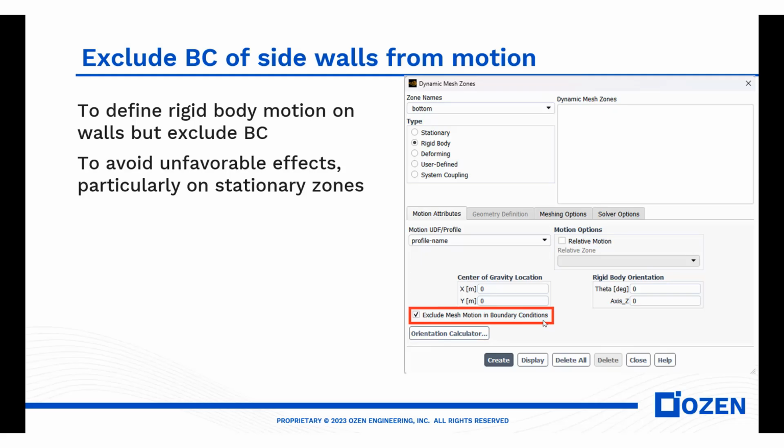It means that when we have moving mesh, for example, adjacent to the inlet or outlet or a wall, we can exclude that mesh motion from the boundary condition. Specifically at the very beginning, at the initial time when we start the dynamic mesh motion, we may see some undesired effects for the stationary zones, for example in the velocity field or pressure field.